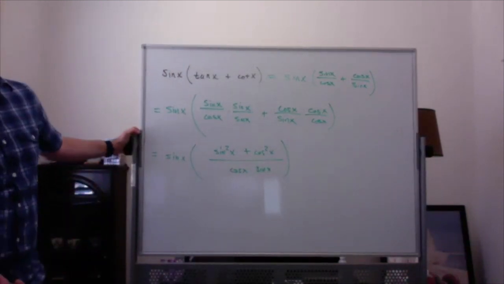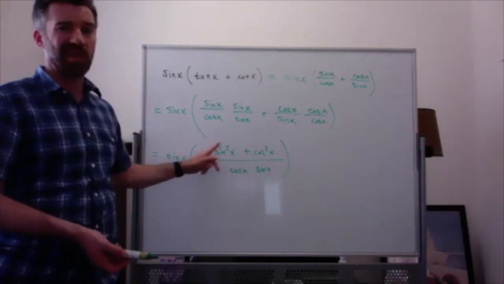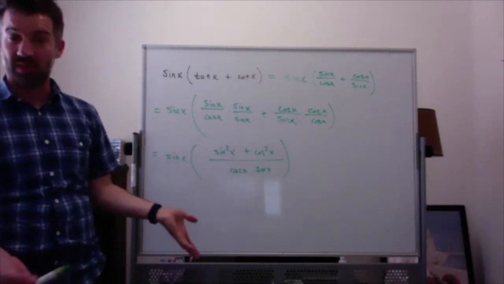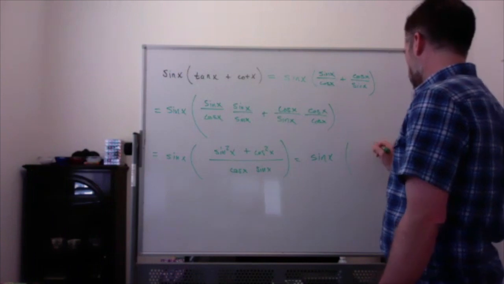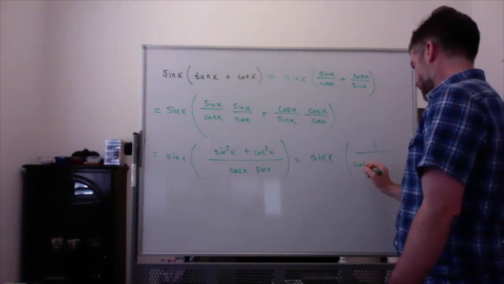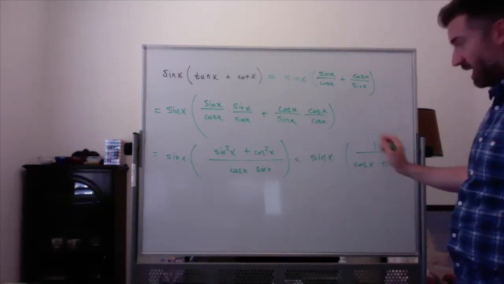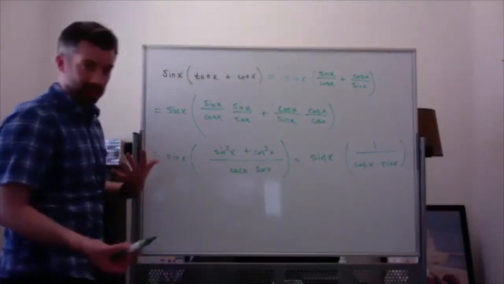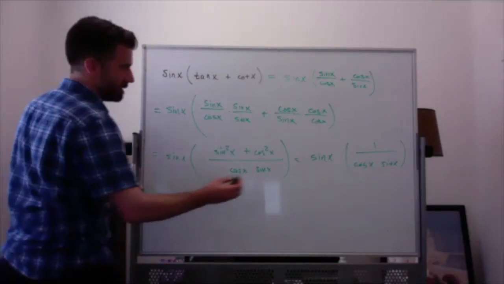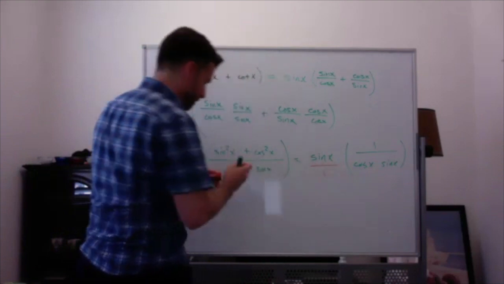And this is going to happen often. Again, we see that the identity sine squared x plus cosine squared x shows up, and that's equal to 1. This is going to be sine of x times 1 over cosine x times sine of x. We can certainly just cancel the sines right there, or if you prefer, you could multiply it into one fraction. So you can say, well, this is sine of x over 1.